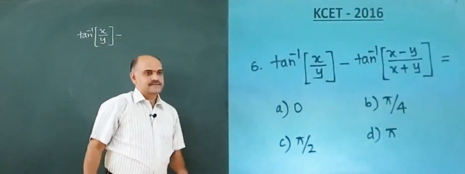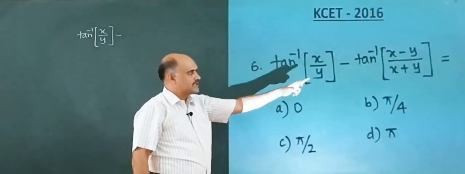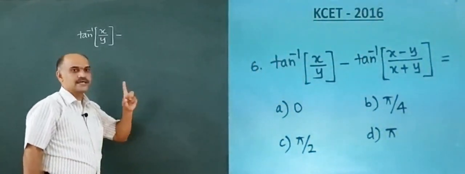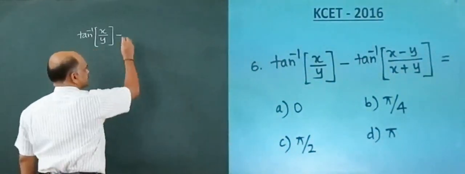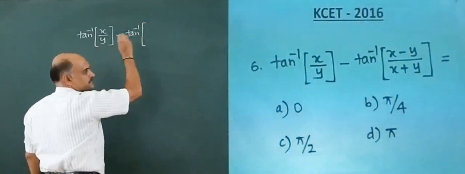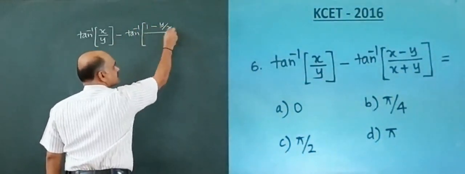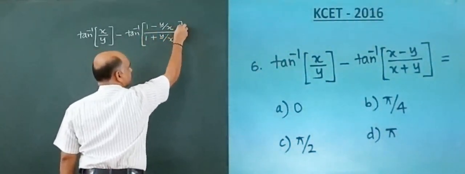In the second expression, where x is there in the denominator, there you should have 1. So divide numerator and denominator by x. Means I can write this as tan inverse of (1 minus y by x) divided by (1 plus y by x).